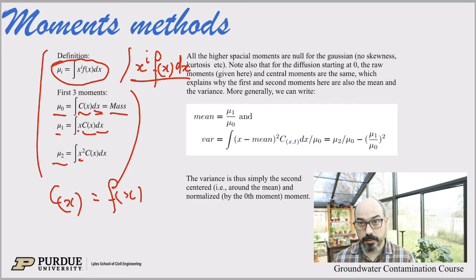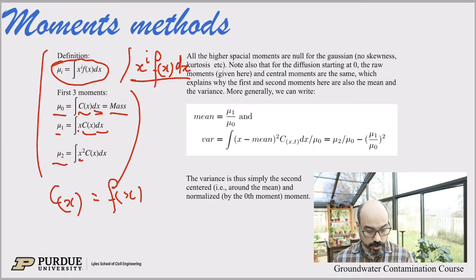They are very simple in Excel. You can just sum things over. Again, remember the integral is just a sum, so we can sum things over, find the moments, and then in turn find the mass, the velocity in the aquifer and the dispersion coefficient for that aquifer and how fast this thing is moving and where it's going, essentially.